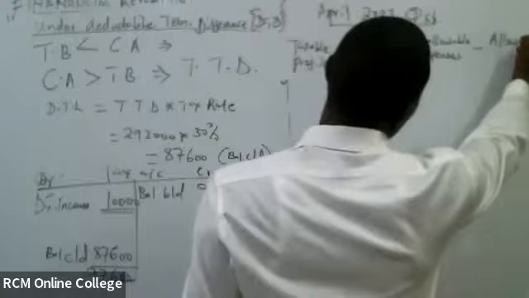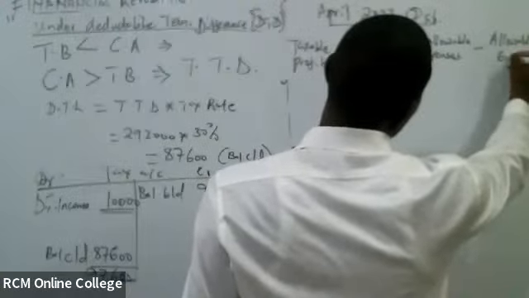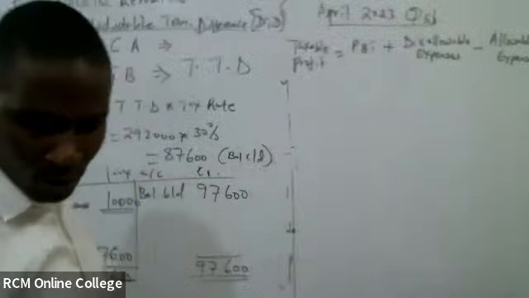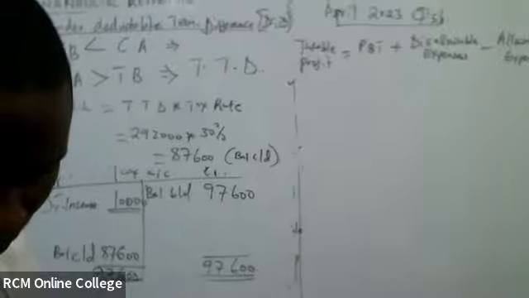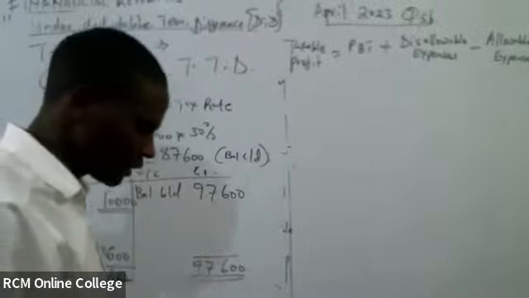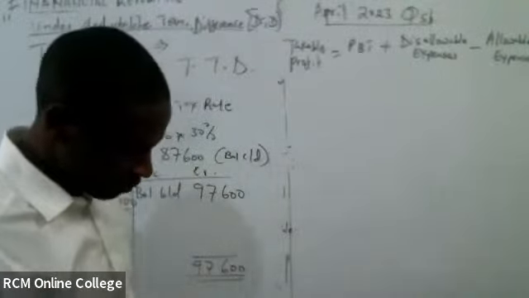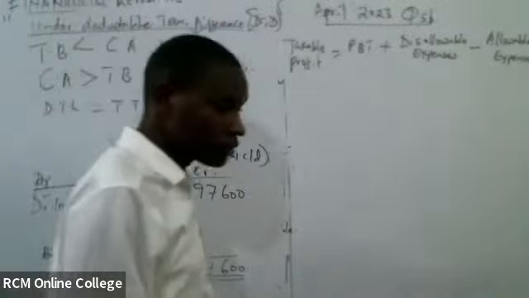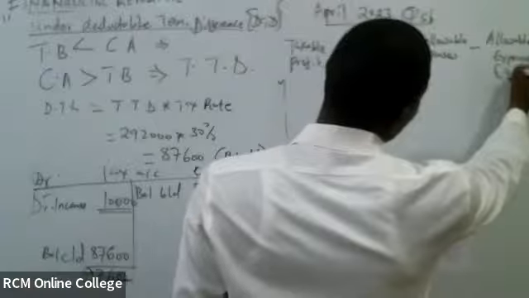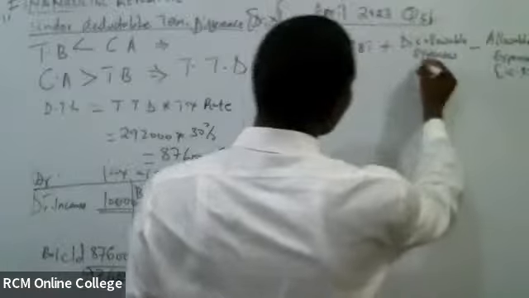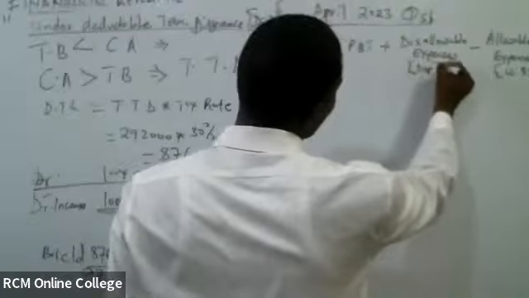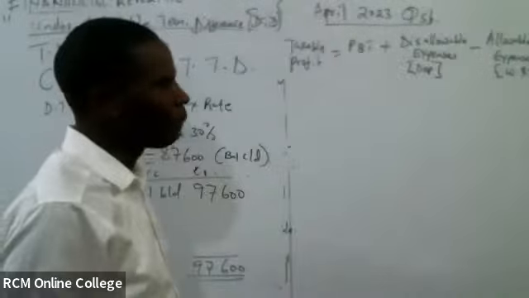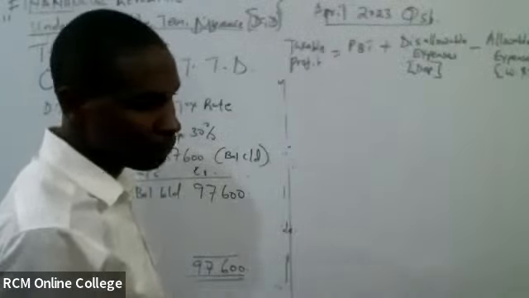Allowable expenses are not taxed. Wale watu wa tax, allowable expenses ni kama gani? In this case tumepewa ndizo the wear and tear. This is a depreciation. It's a disallowable expense. NSSF, the pension.